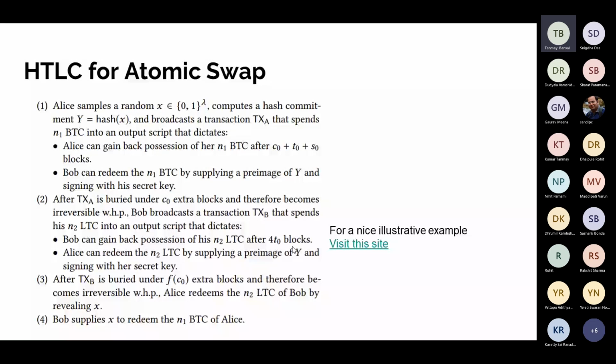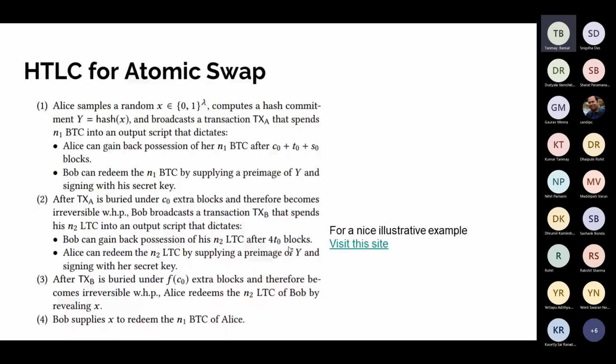We know what these output scripts are from our earlier discussions. Alice can get back the deposit after a certain period of time, and as we mentioned, this time itself could be in terms of number of blocks. Bob can redeem this number of Bitcoins by supplying the pre-image of Y, that X we mentioned. So once Bob gets X from Alice, Bob can redeem these N1 Bitcoins.